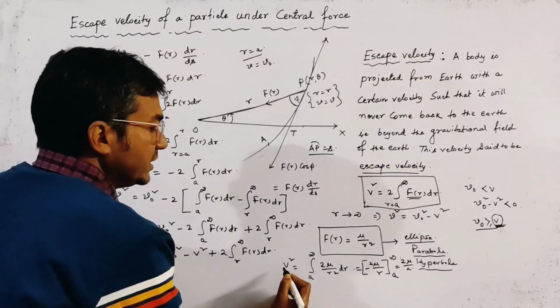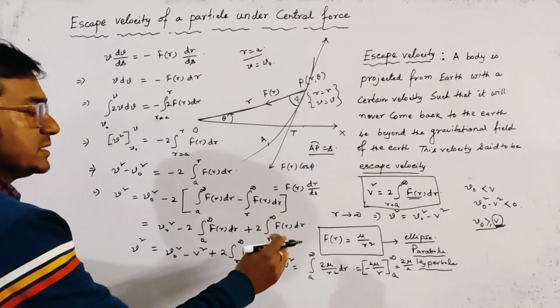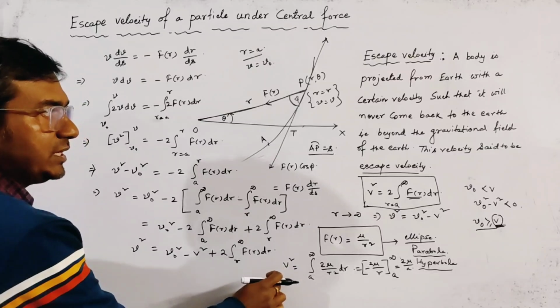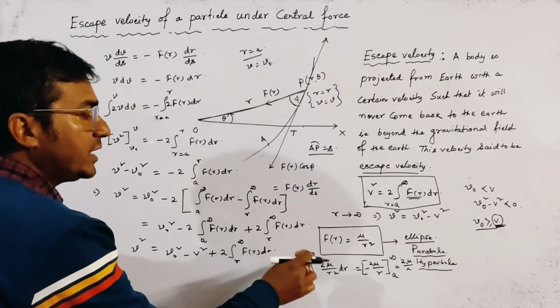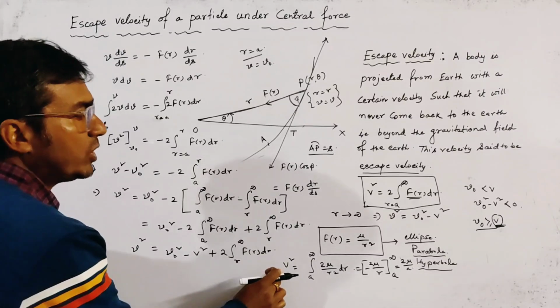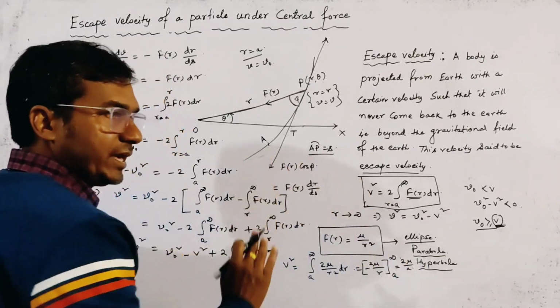In this case, the escape velocity for the orbit under inverse square law is given by V square equal to 2 mu by a.